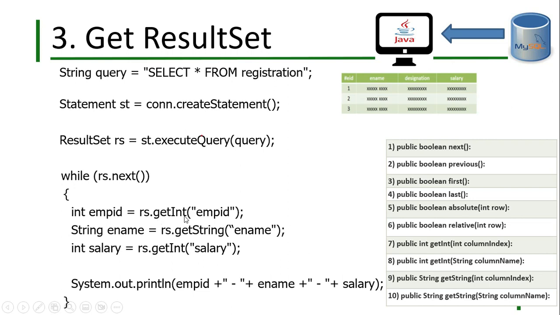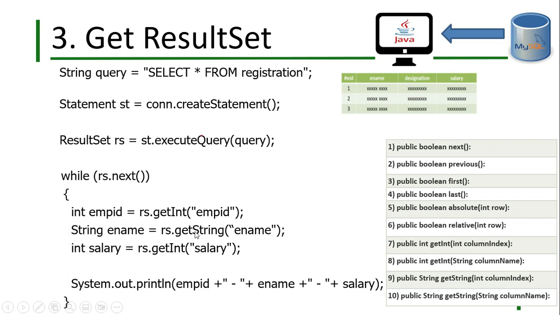Then in that getInt function, we have to specify the name of a column. It's okay if you don't know the name of a column, we can specify the index number. But in the case of a database, the index number starts with 1, it does not start with 0 as it does in an array. When it is retrieved, it will be stored in an integer variable, that is empid.